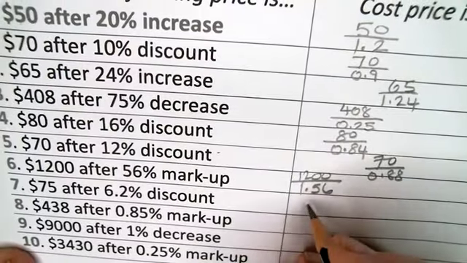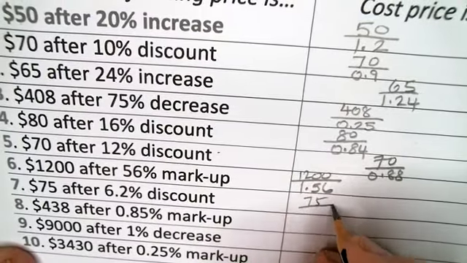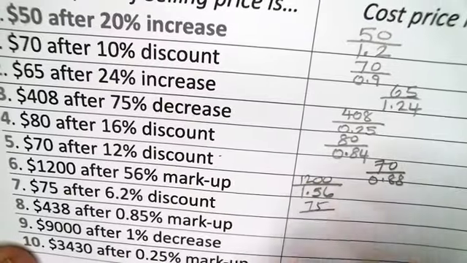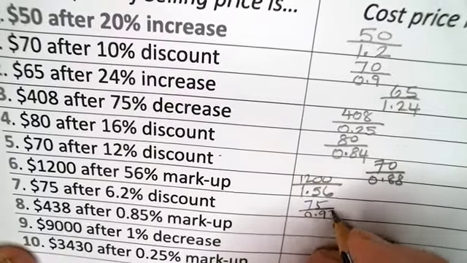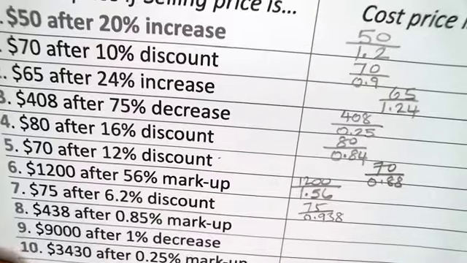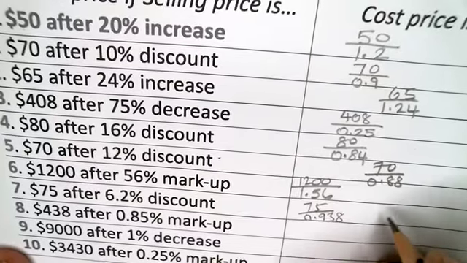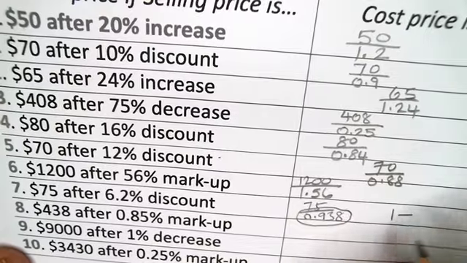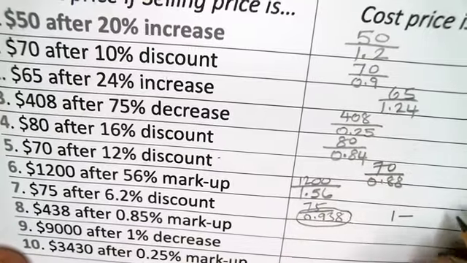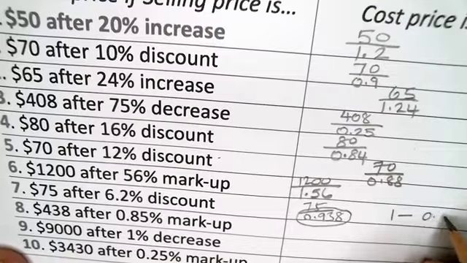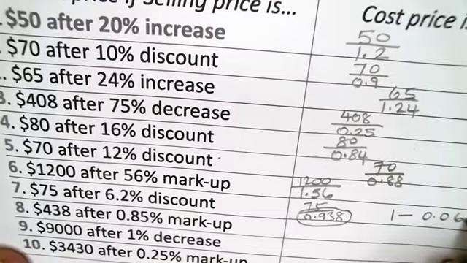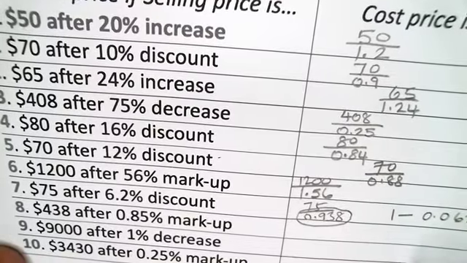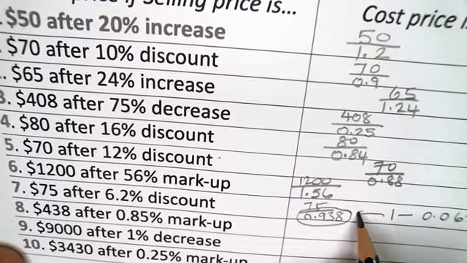So it's going to be 75 divided by 0.938. And how did I get that? It's 1 minus 0.062, which gives that figure there.